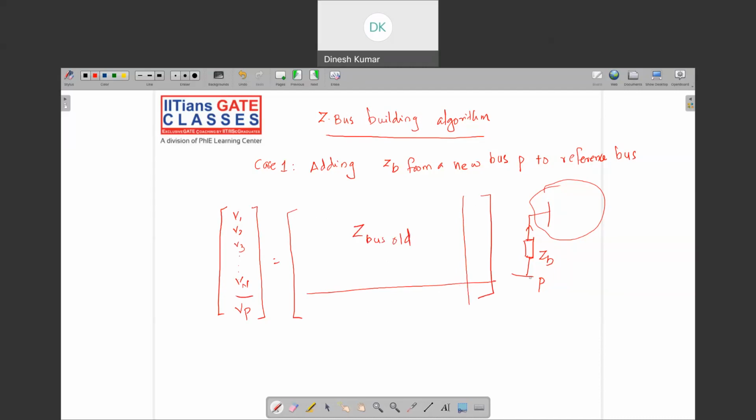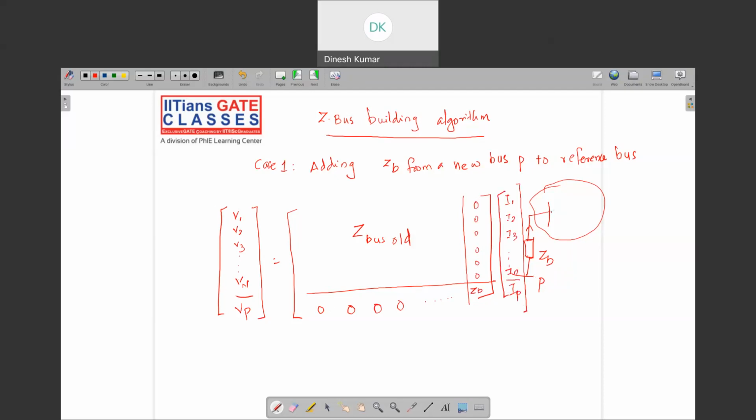Since we are connecting to a reference bus, the current will not have any effect on the other buses, because it will flow directly from this bus to the reference. So this can be written as 0, 0, 0, etc. Since this is a symmetric matrix, we can put 0 here also, multiplying I1, I2, I3, etc. up to In, then Ip.